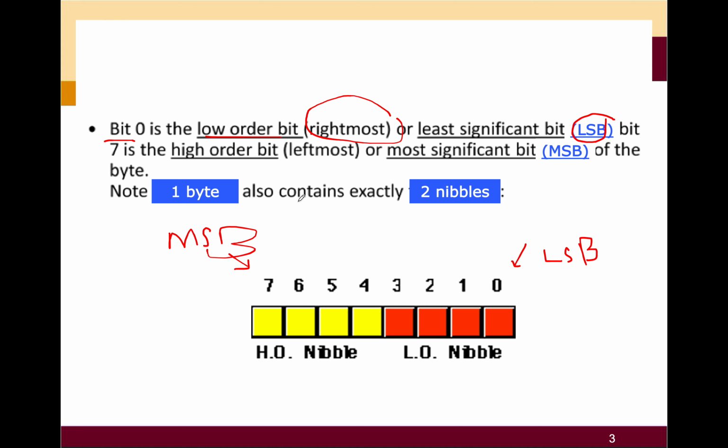If you don't yet remember it, please take a look at the previous video that I shared. Please take note that 1 byte contains exactly 2 nibbles. With another nibble we have all together 8 bits, so you get 1 byte.